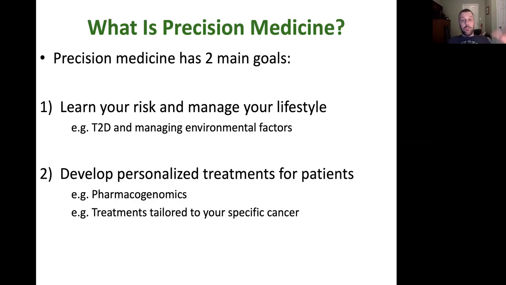And the second broad idea is that it'll allow us to develop personalized treatments for patients. We already talked about risk of disease and managing your lifestyle. So let's talk about how in the future, and this is already actually starting to happen, you can maybe have a personalized treatment based on your genetics.